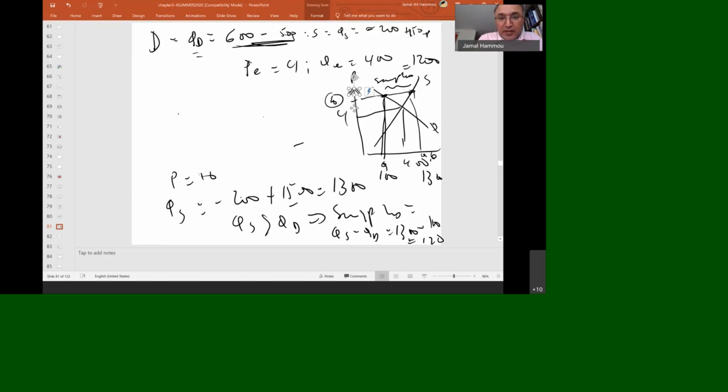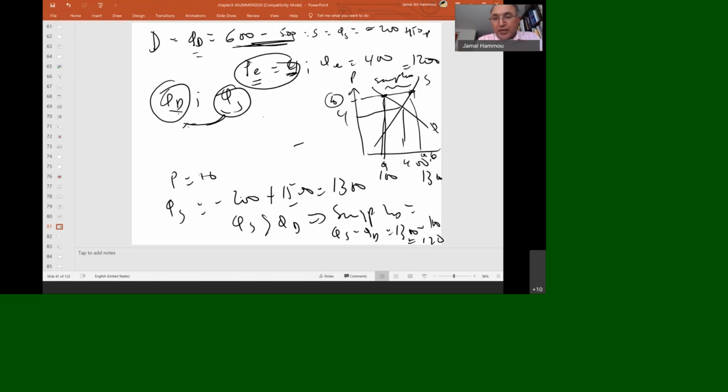So any price other than 4 will have one quantity demanded and one quantity supplied, and they are not the same. The only time I have QS equals QD is if the price is 4. If it's 5, 6, 3, or 10, I have to calculate each by itself and find the difference between the two to figure out whether it is a surplus or a shortage.